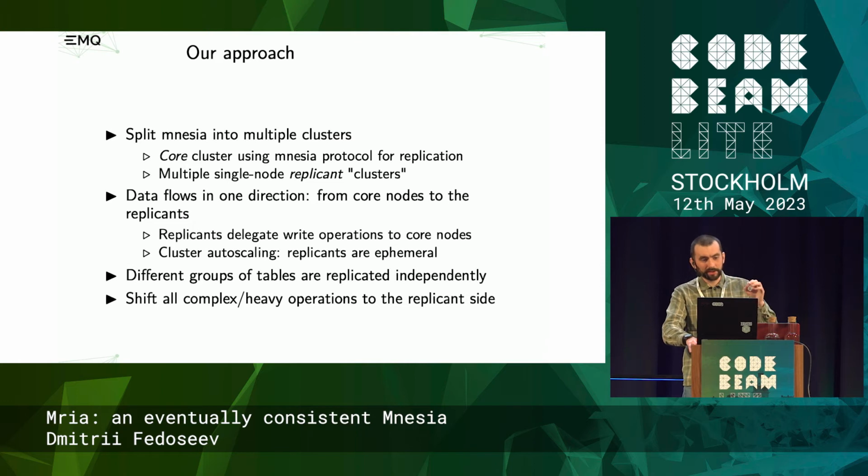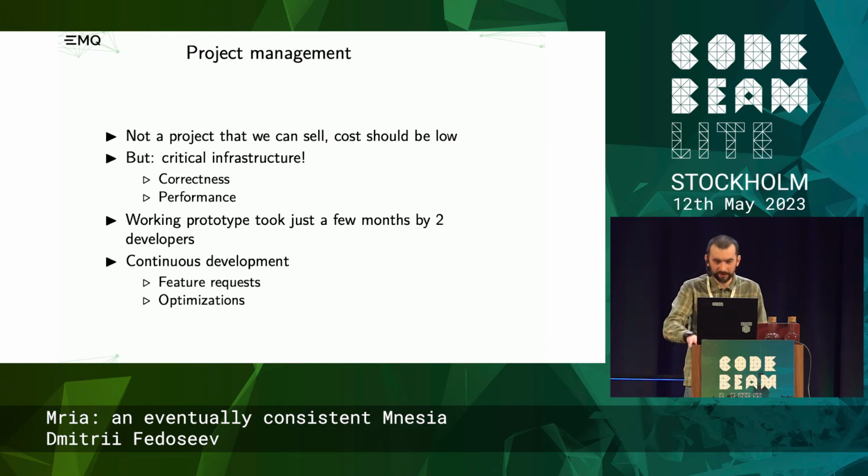So if a replicant needs to update a table, then behind the scenes, Mnesia sends the transaction fun or a dirty operation to one of the core nodes, which then runs it on our behalf, and the replicant gets the updates to the tables the regular way. From Mnesia's perspective, replicant nodes simply don't exist, so they can be added and removed freely. So as a bonus, we get an ability to auto-scale the cluster.